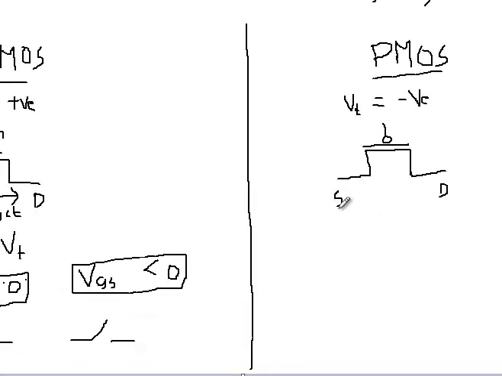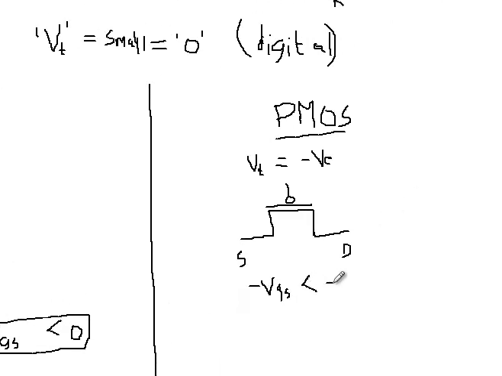Similarly, we'll draw some conclusions for PMOS. We are saying that VT is negative, which means your VGS should be less than negative VT. Basically, if you draw a number line over here, with positive X on one side and negative X on the other, the voltages for operating the PMOS will lie in the negative area.